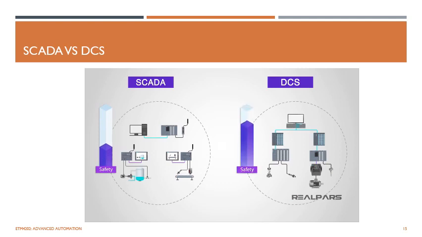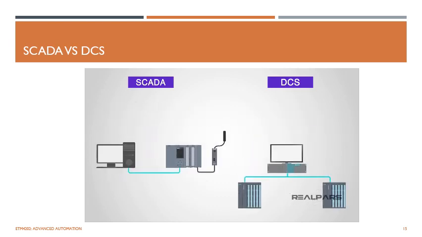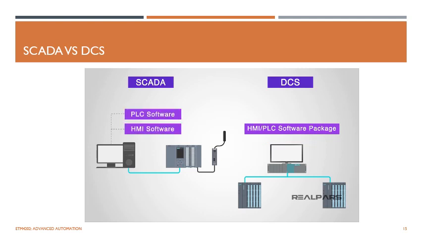However, nowadays, with the abundance of safety processors, a SCADA system may also be selected. To sum things up, in today's market, there are not massive differences in the systems. DCSs have integrated operator interface software with tagged databases, while SCADA requires you to purchase additional software and build or import your tags.